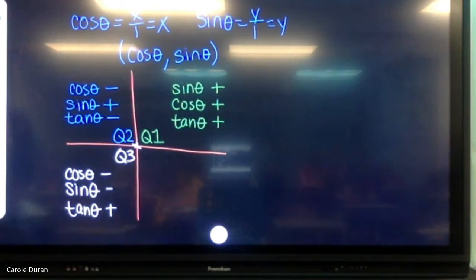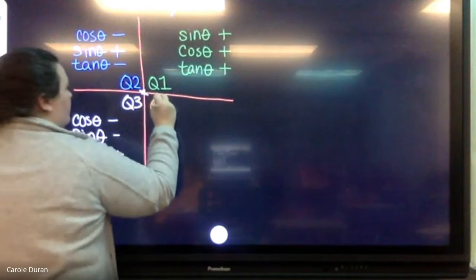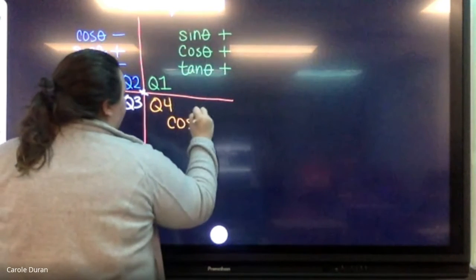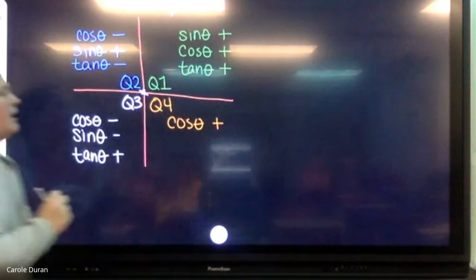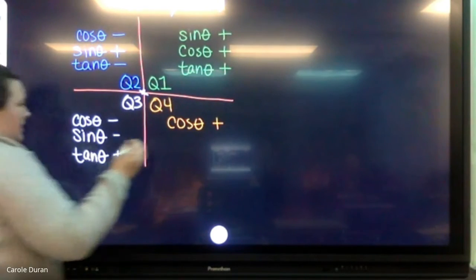And then we're going to have quadrant 4 over here. Is my x value going to be positive or negative? Positive, so cosine is going to be positive. Is my y coordinate here going to be positive or negative? Negative, so sine is going to be negative.